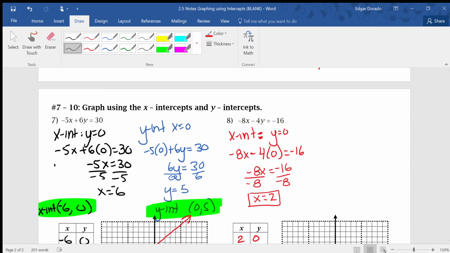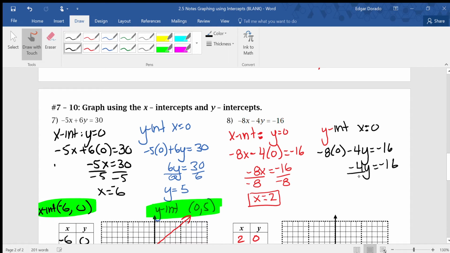Finally, let's do our y-intercept. So our y-intercept is when x equals 0. So let's substitute that in. Negative 8 times 0 minus 4y equals negative 16. That just multiplies out to be 0, so I get negative 4y equals negative 16.